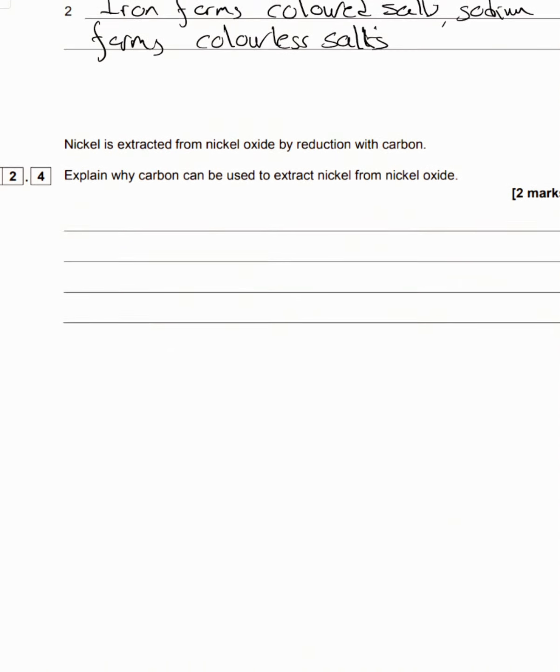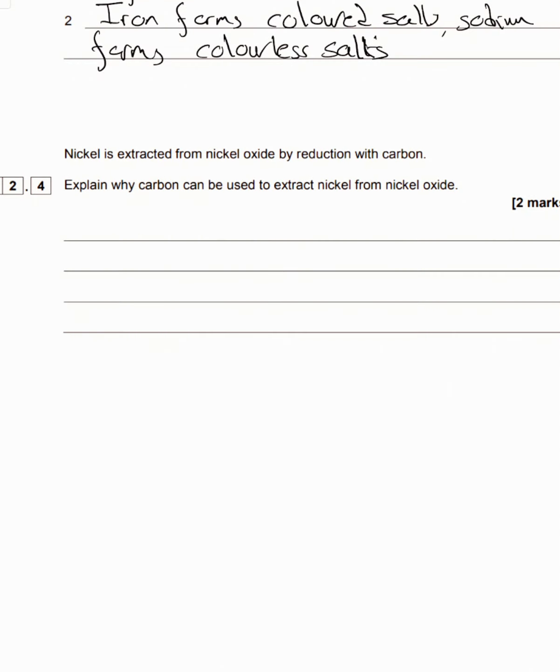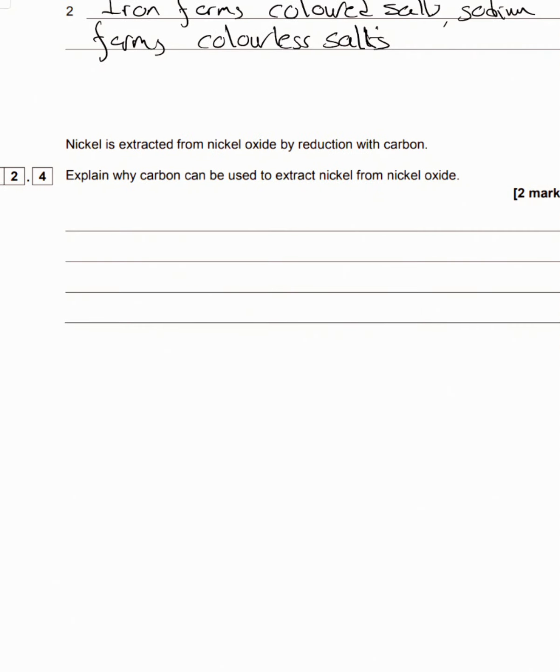So we've got this question: nickel is extracted from nickel oxide by reduction with carbon. Explain why carbon can be used to extract nickel from nickel oxide. It's actually quite a good idea for this question to go ahead and write a word equation for this. So I'm going to write that.